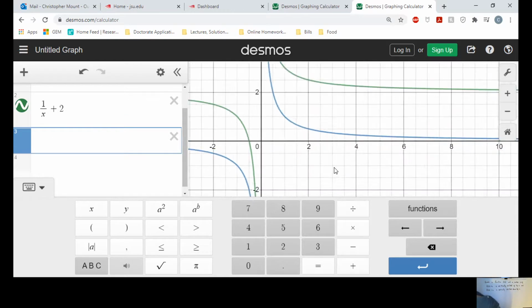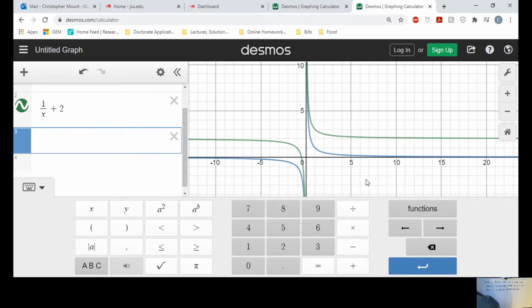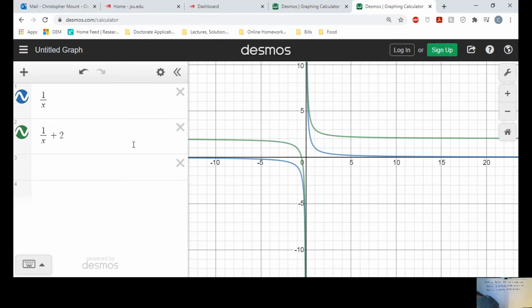Now let's consider these a little bit more because these are a little bit weird. When you're transforming these reciprocal functions, moving them up or down, or later moving them left or right as well, it can be helpful to think about where the asymptote went. The values where it never touches are called asymptotes.